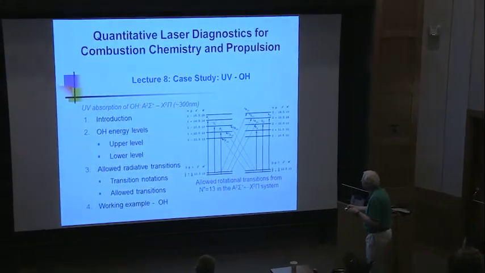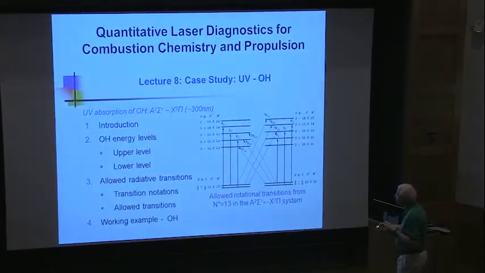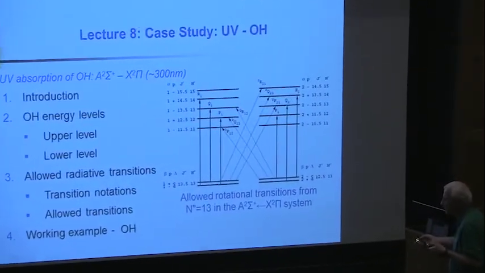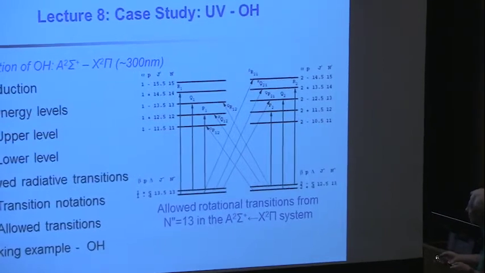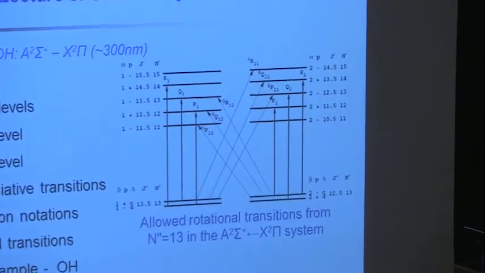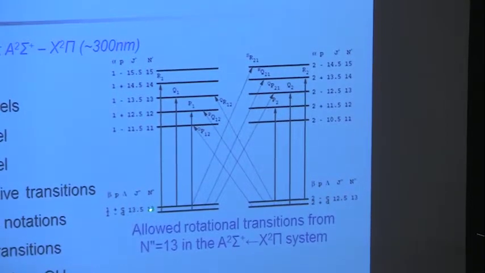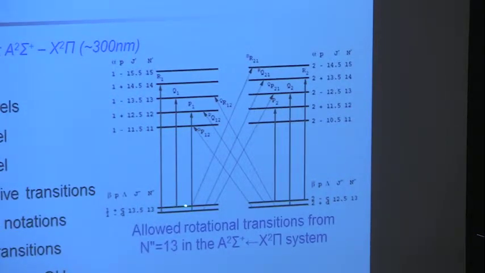So even though I've drawn all the possibilities up here, you can have delta J's of plus or minus 1 or 0, recognizing they're the strong ones. So what does that mean? From a given N down here, I have 3 strongly allowed transitions, meaning P, Q, and R. I can go from here with a P, from here with an R, and from here with a Q.